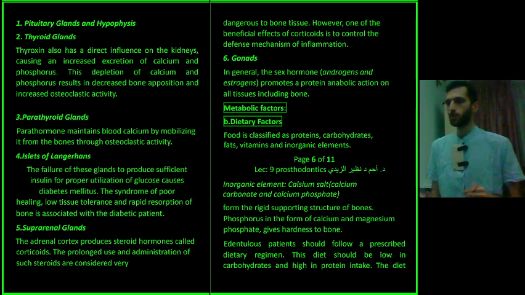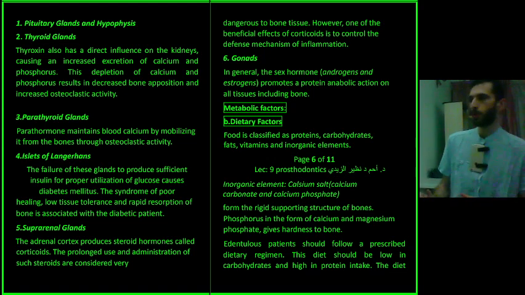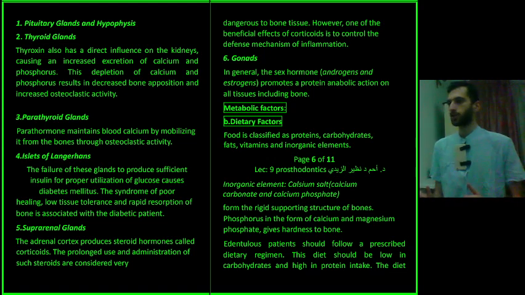The prolonged use and administration of such steroids are considered very dangerous to bone tissue. However, one of the beneficial effects of corticoids is to control the defense mechanism of inflammation.